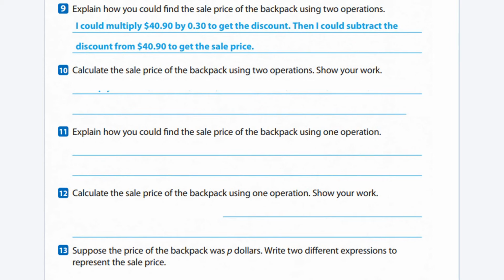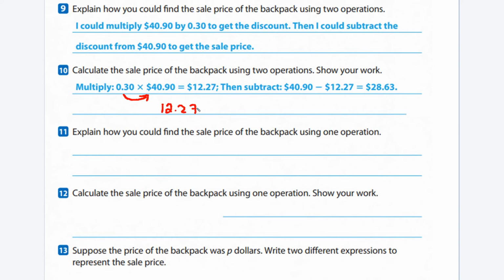Let's look at question 9. I could multiply $40.90 by the 30%, or 0.30, to get the discount. Then I could subtract the discount from the $40.90 to get the sale price. The second step is when students mess up. Let's calculate that so we can see. As you can see, they did 0.30 times $40.90 and they got $12.27.